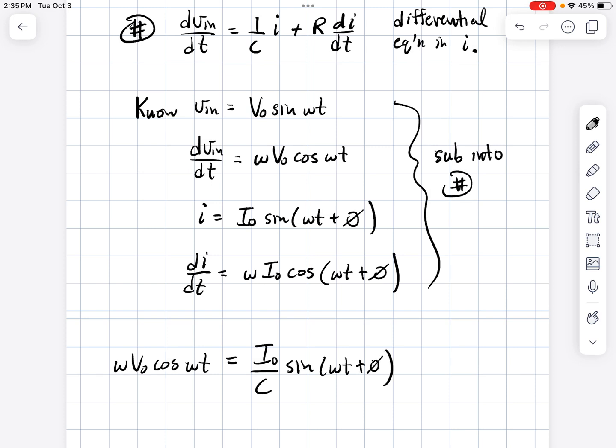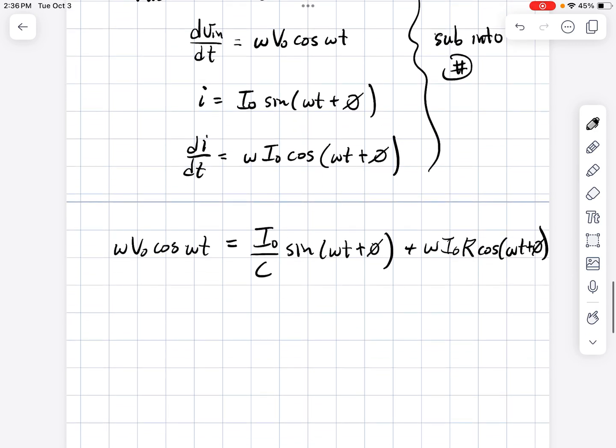And then we have plus R times di dt. So we'll have omega I naught, we'll pick up a factor of R, and then we'll have cos omega t plus phi, like so.